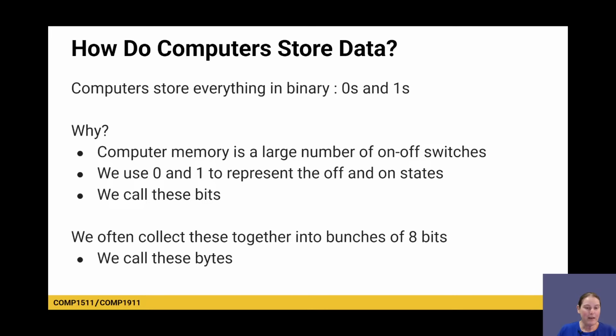When we get to terabytes, there's lots and lots of noughts and ones to store lots and lots of data. So just think in the background, no matter what we're storing, it is actually going to be stored in binary as a big bunch of noughts and ones. But we don't have to worry too much about that in this course.